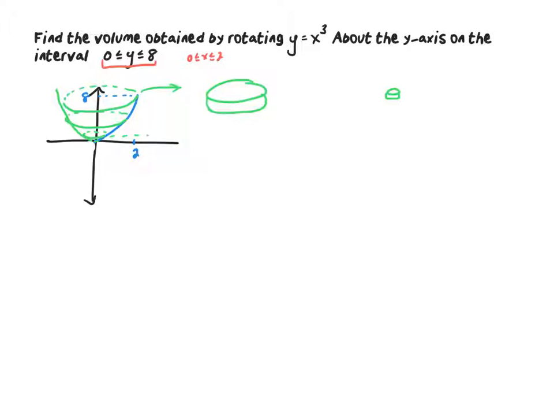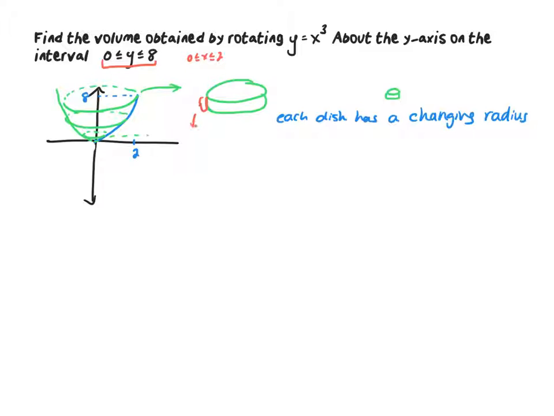What we notice is that each disk has a changing radius, which means in our notation, this little distance here, the width of that, or in other words, maybe we call that the height of those little disks, has nothing to do with the function.